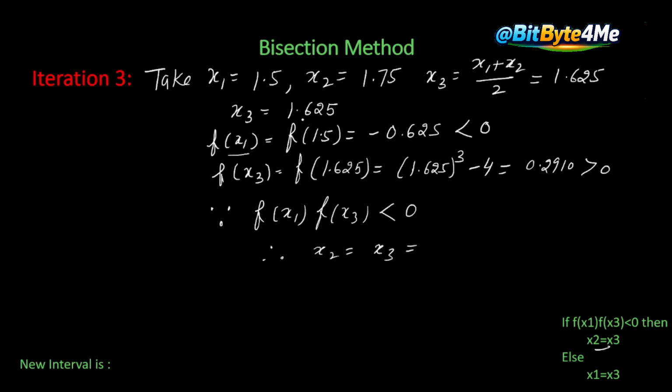The value of x3 is 1.625. So now you have x2 is equal to 1.625. The value of x1 remains the same, 1.5. The value of x2, the new value, is this. So we have a new interval as 1.5 comma 1.625. For the next iteration we will take these two values of x1 and x2.